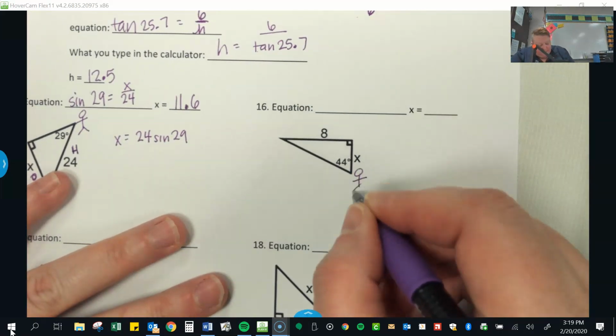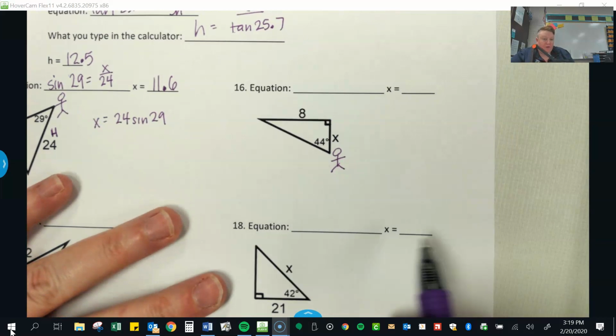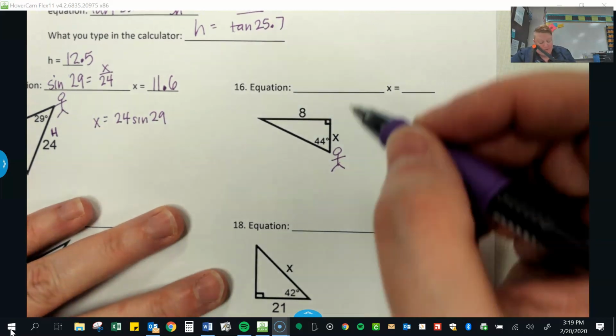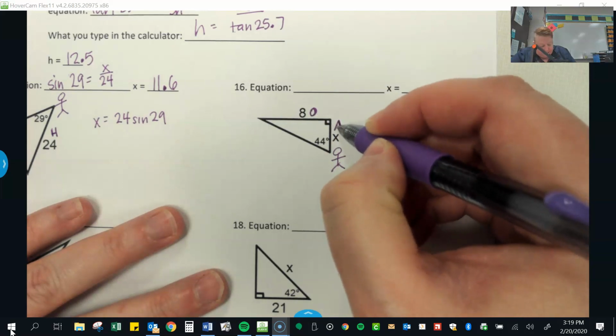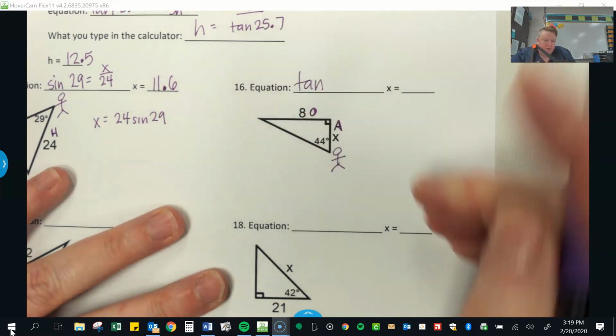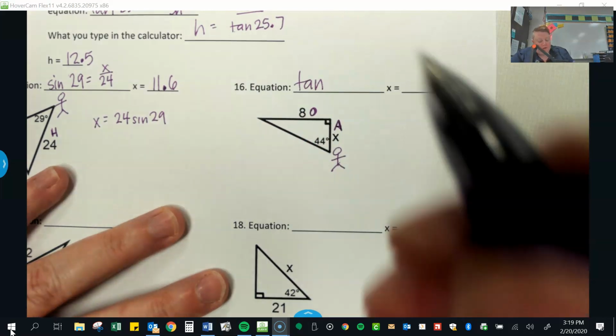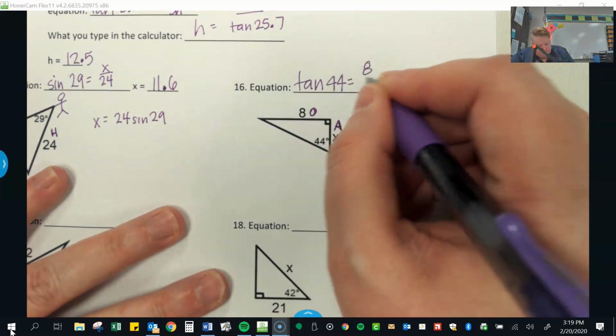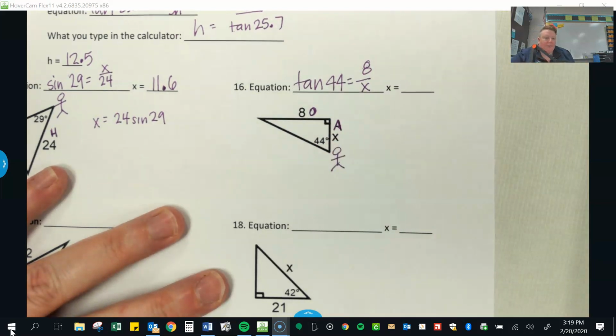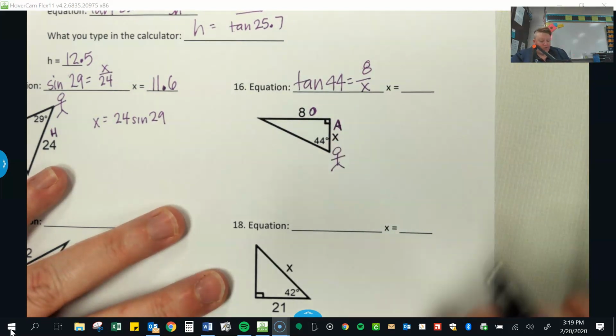I'm standing here at my 44. How do I know I'm standing at 44? Because that's the angle they gave me. I have the opposite side, and I'm looking for the adjacent side. Tangent is what uses opposite and adjacent. So the tangent of my angle, which is 44, is equal to opposite over adjacent. When x is down low, we divide.